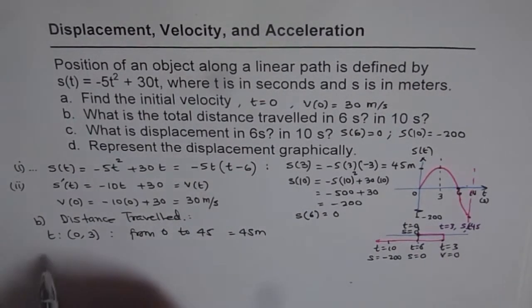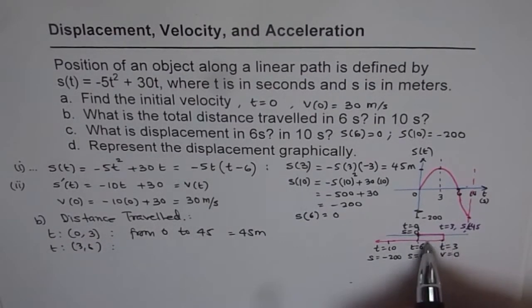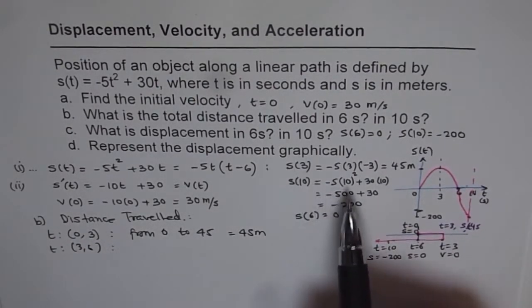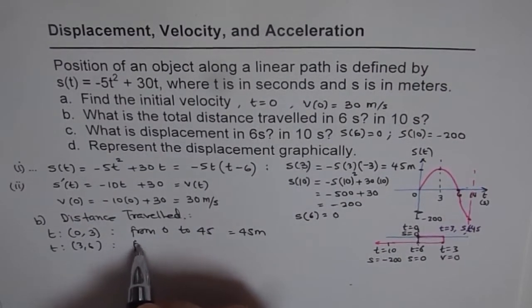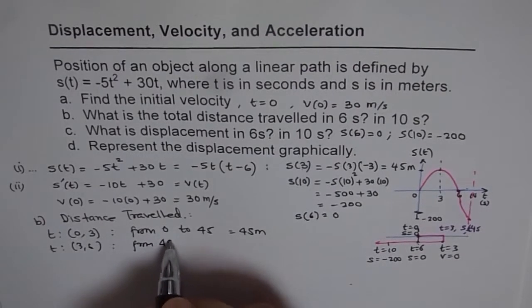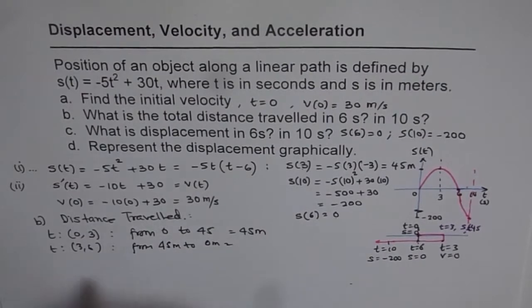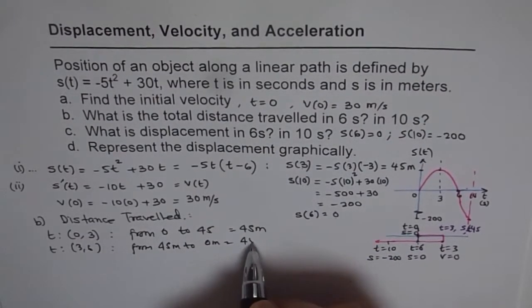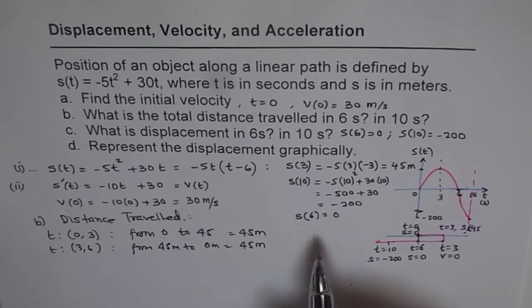And then from time 3 to 6, again you found that the displacement at 6 was 0, at 3 it was 45, right? So it is from 45 meters to 0 meters, right? So we again covered a distance of 45 meters, maybe in the opposite direction. That is immaterial. When we are talking about distance, it is a scalar quantity. We are talking about magnitude, right?